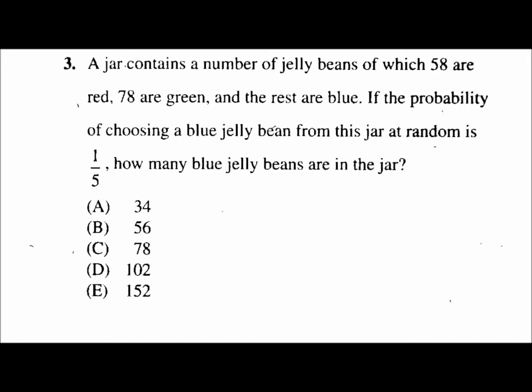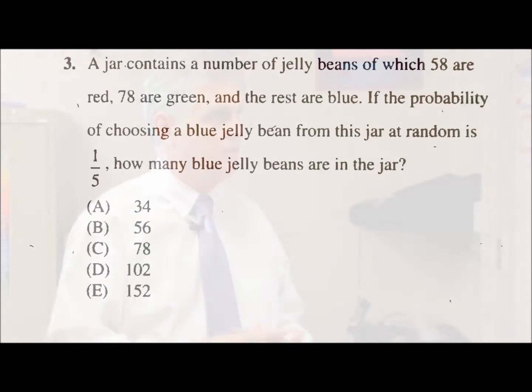Now, if the probability of choosing a blue jelly bean from this jar at random is 1/5, or 1 out of 5, how many blue jelly beans are in the jar?